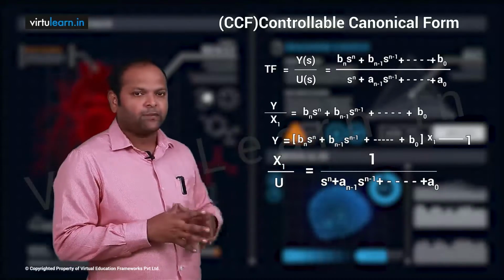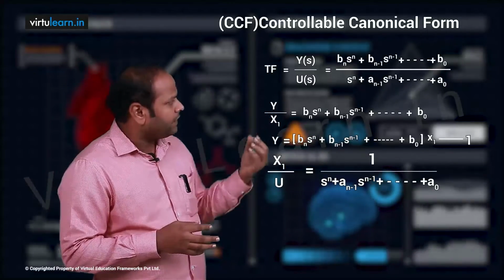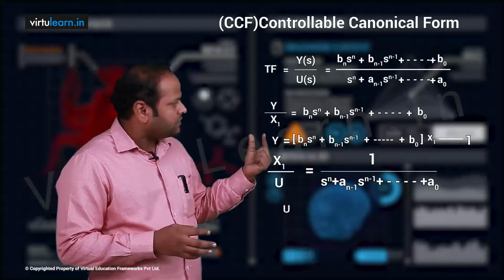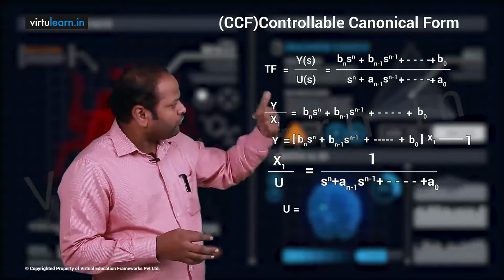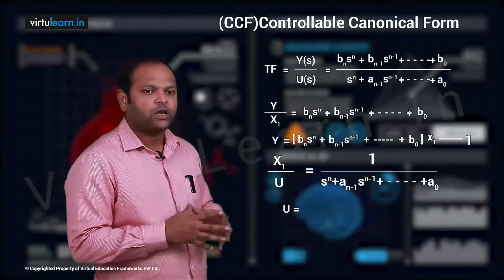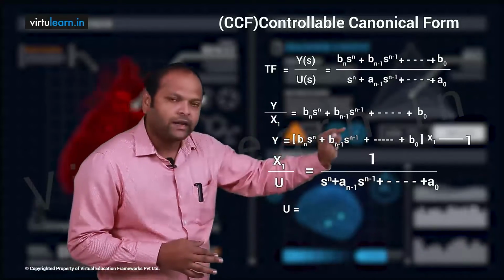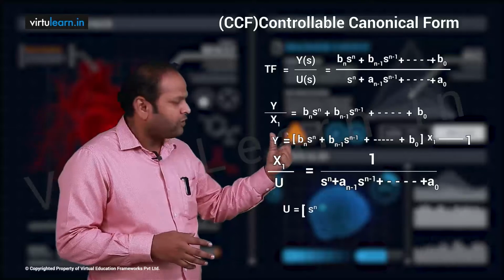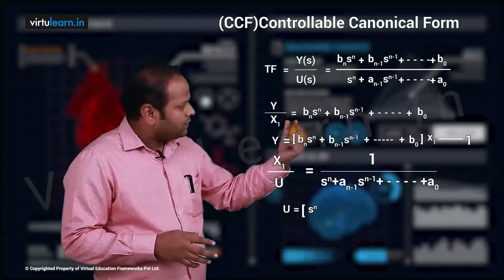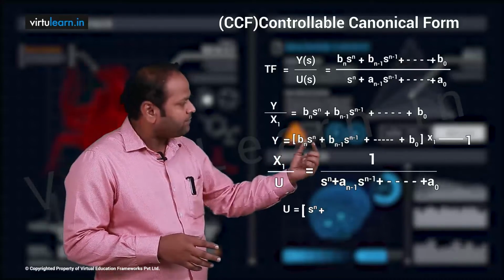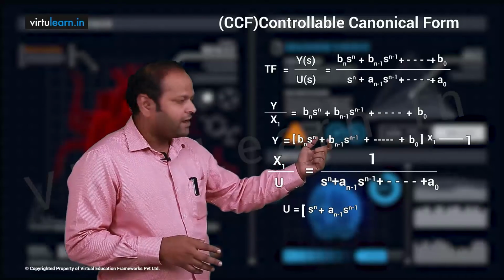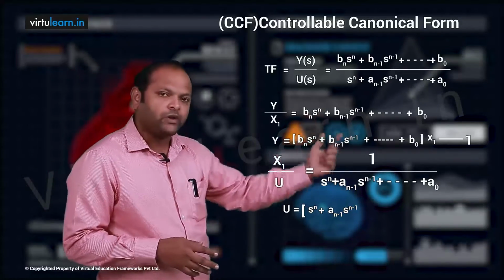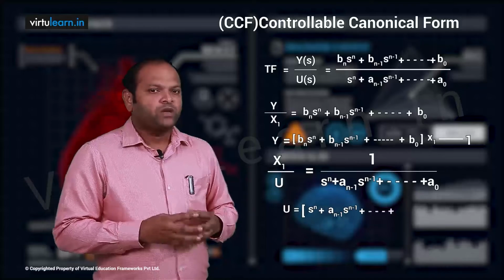Then if you cross multiply, you will get U is equal to X1 times this entire expression. So what will be that? We have s^n X1 plus a_(n-1) s^(n-1) X1 and so on.